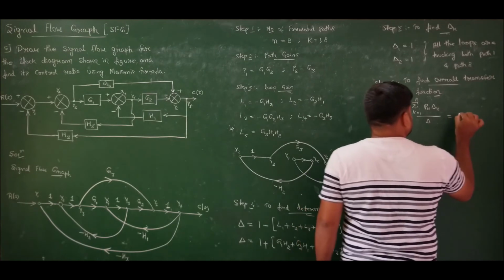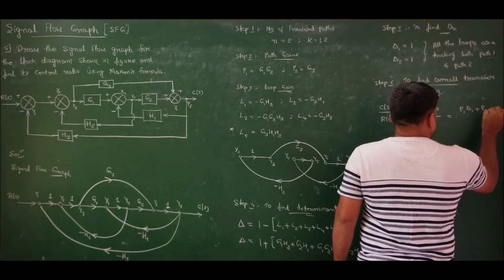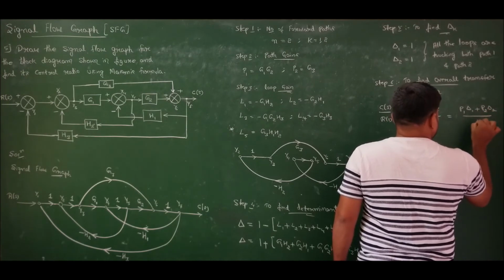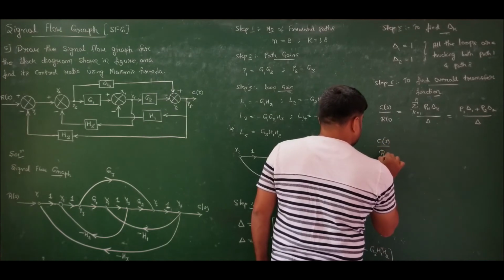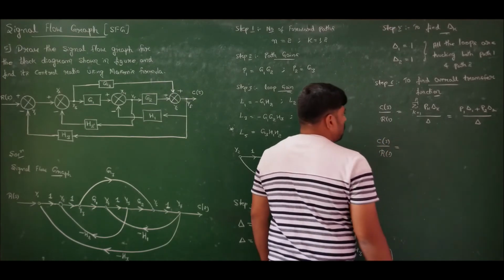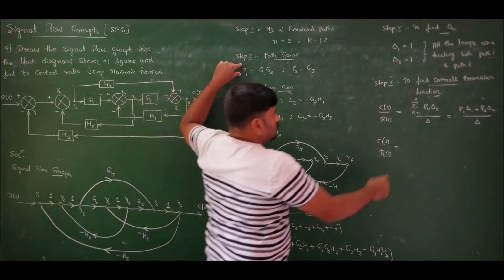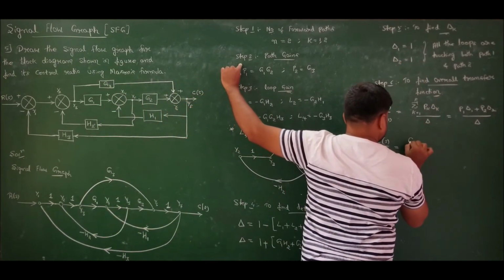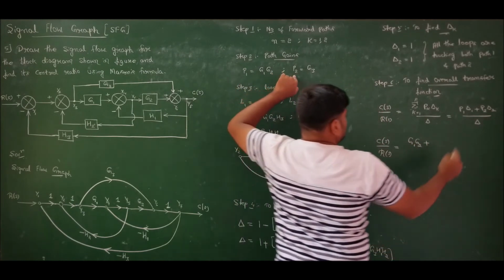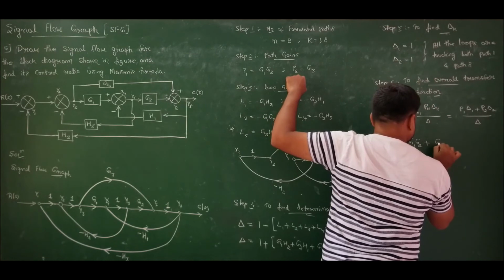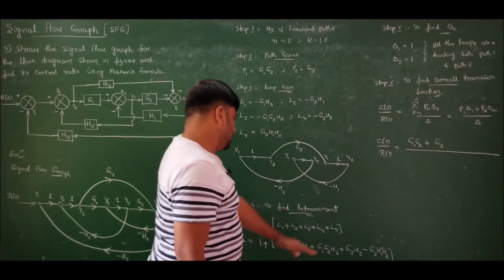That is nothing but P1 delta 1 plus P2 delta 2 divided by delta. Hence I will get C of S by R of S for this problem as: P1 is G1 G2, delta 1 is unity, hence it is G1 G2, plus P2 is G3, delta 2 is unity, hence it is G3. G1 G2 plus G3, whole divided by delta.